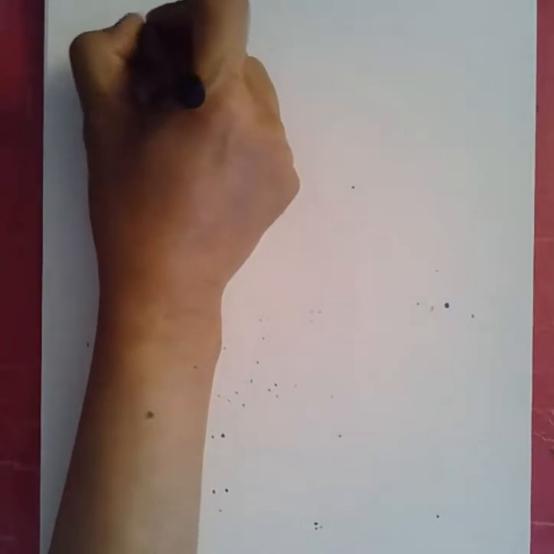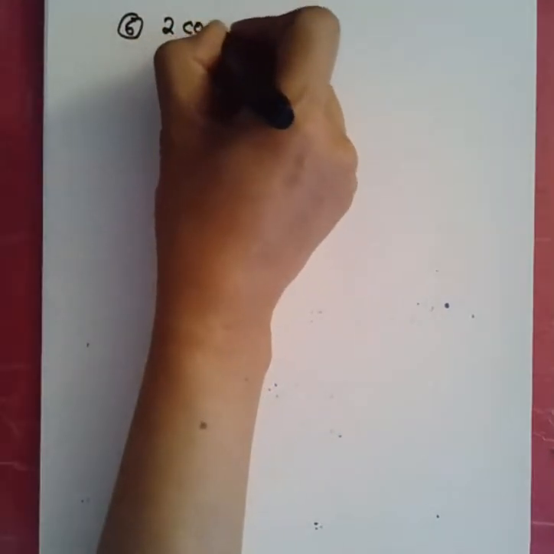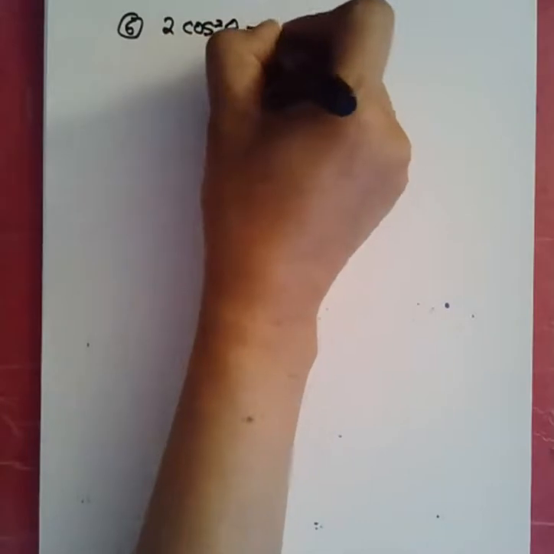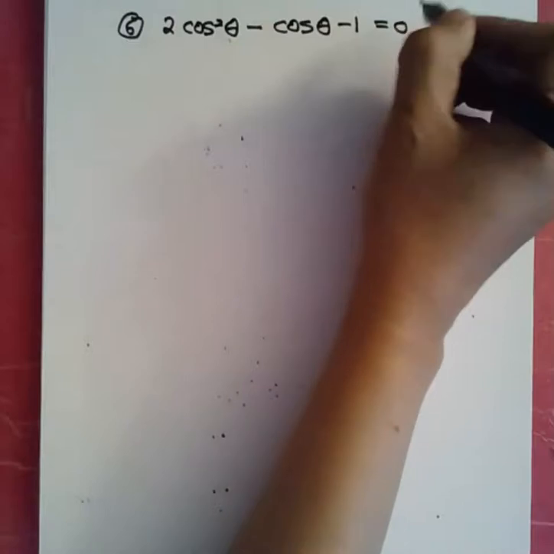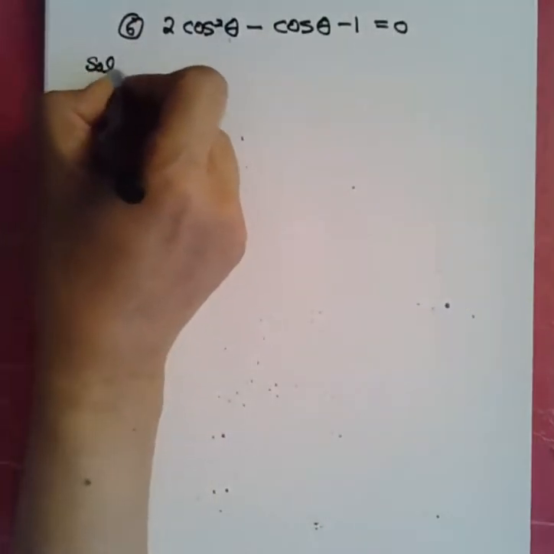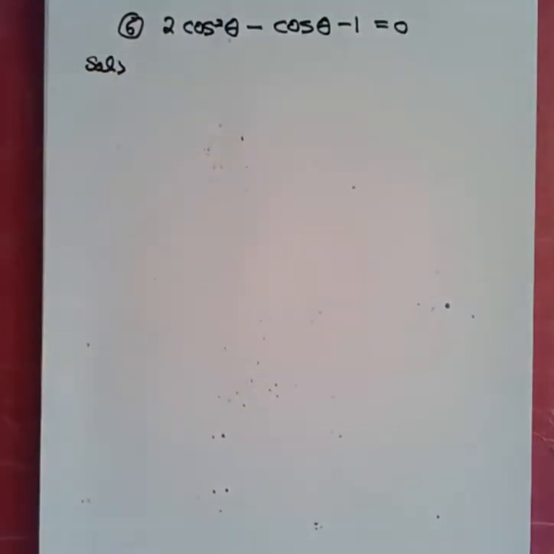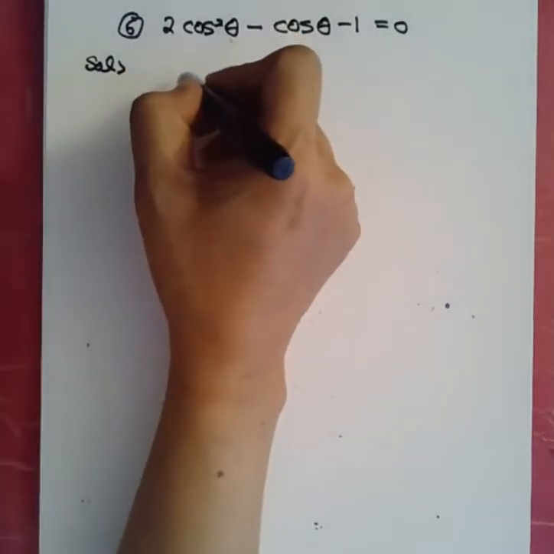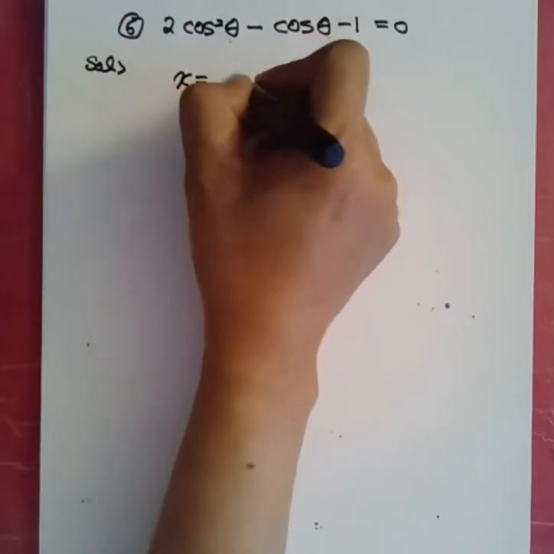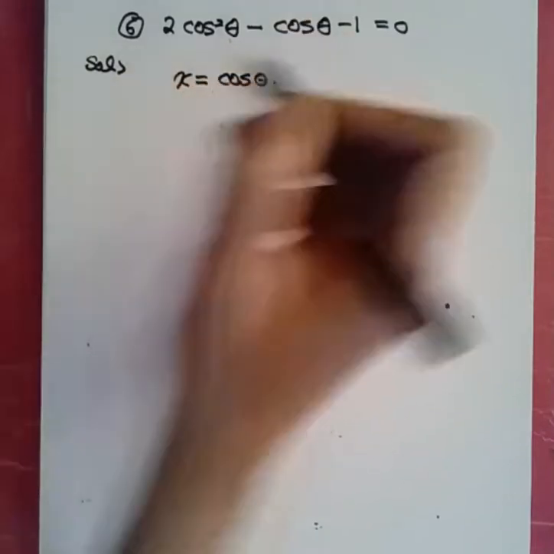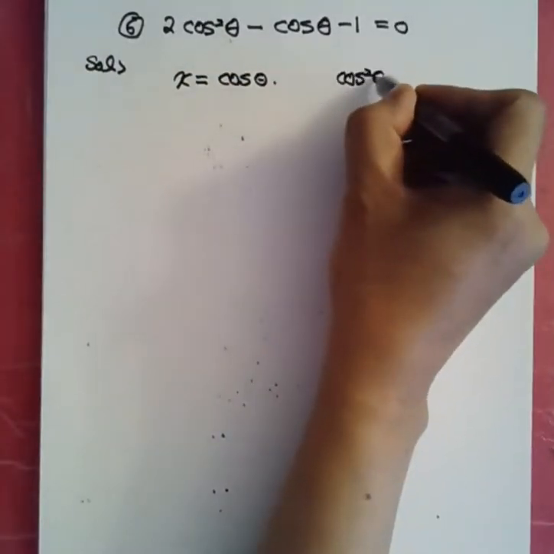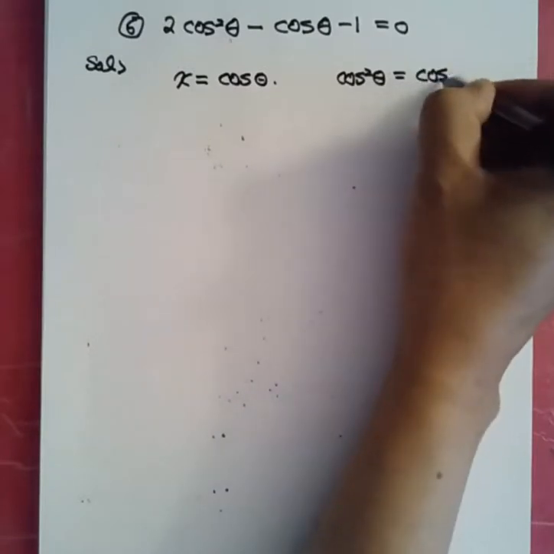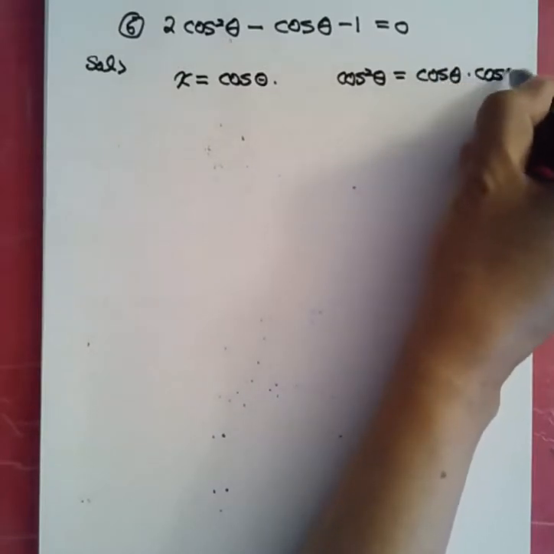The next problem is 2 times cosine squared of theta minus cosine of theta minus 1 equals 0. This uses the quadratic equation pattern. To see the pattern, we will put x equals cosine of theta. The cosine squared of theta equals cosine of theta times cosine of theta.